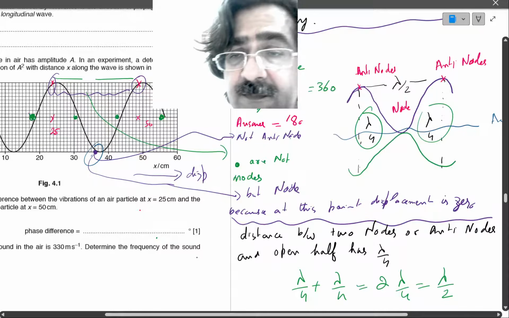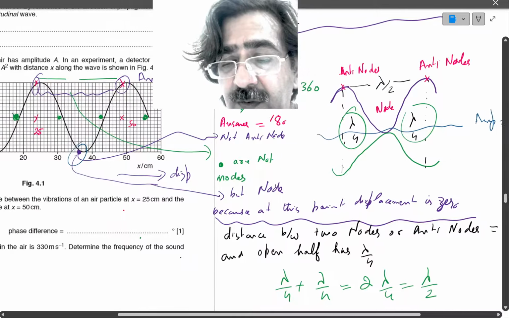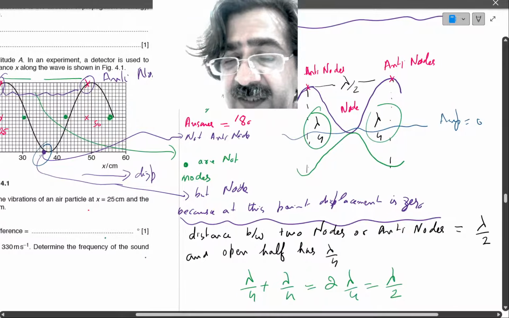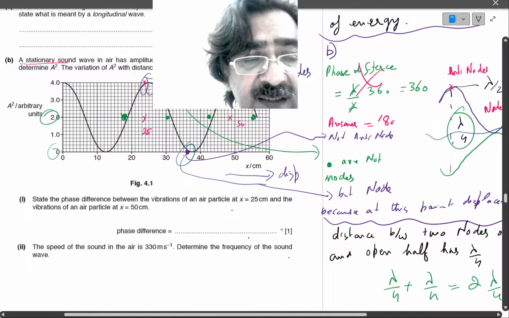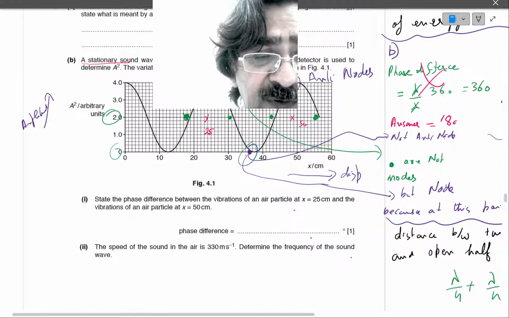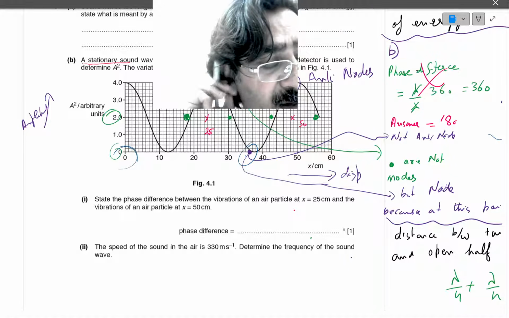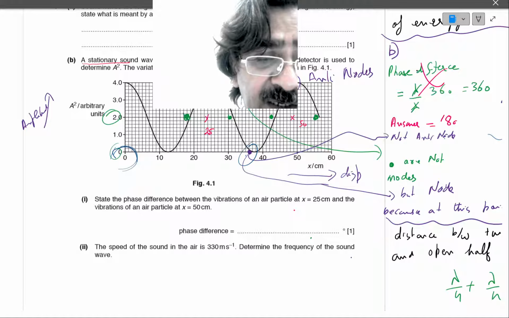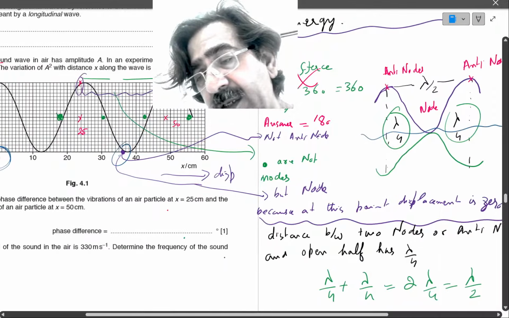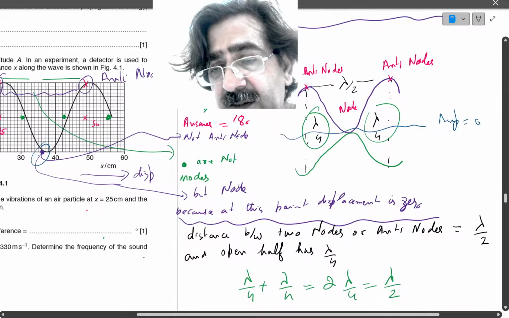Actually we were confused due to this, because we had not observed that amplitude is zero here, not at this point.